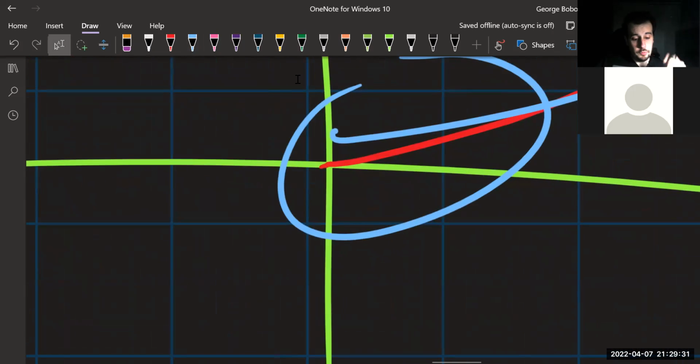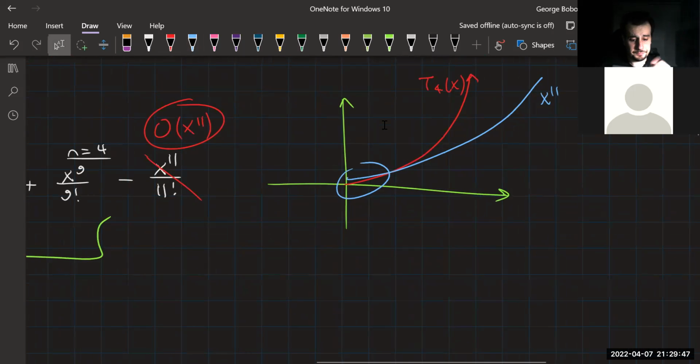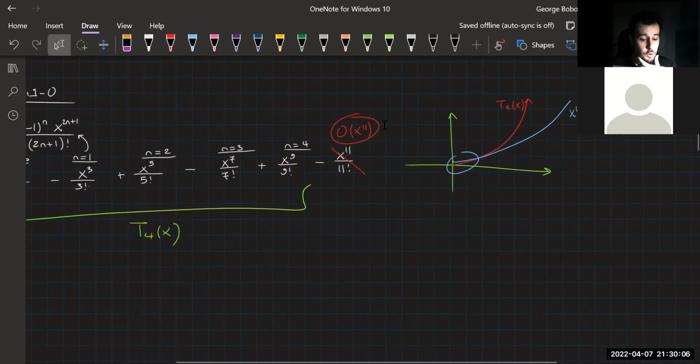Near 0, you can see again the x to the 11 power bounds us. We're always below it in value near 0. That's the magical trick, that's all there is to big O notation. So O of x to the 11 is what we put there.